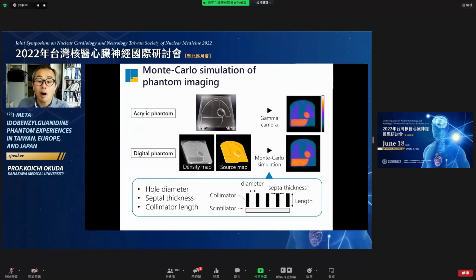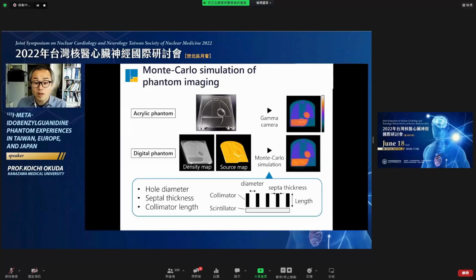Here is our Monte Carlo simulation study of phantom imaging. The procedure of current phantom experiments is preparation of an acrylic phantom, including radionuclide, then planar imaging using a gamma camera.